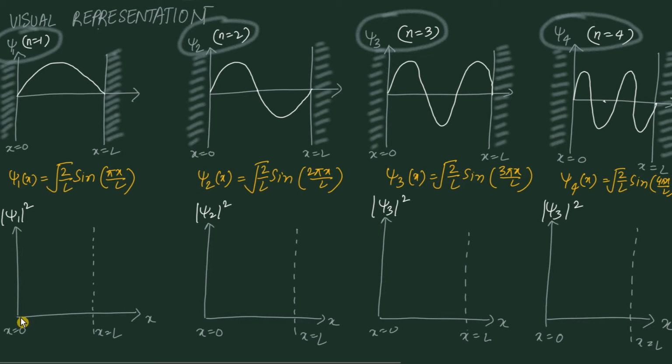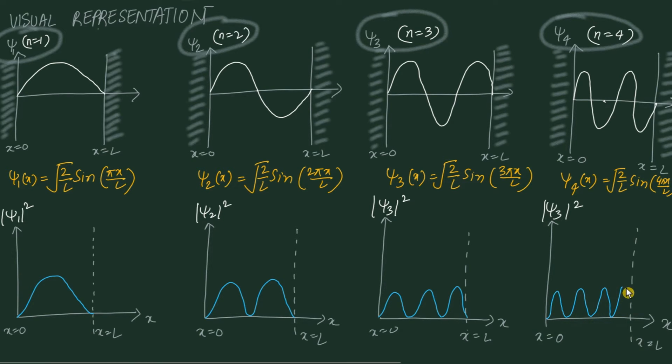The probability corresponding to n is equal to 1 is something like this. The probability corresponding to n is equal to 2 looks something like this, the probability corresponding to n is equal to 3 looks something like this, and the probability corresponding to n is equal to 4 looks something like this.